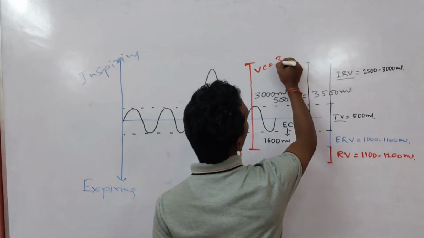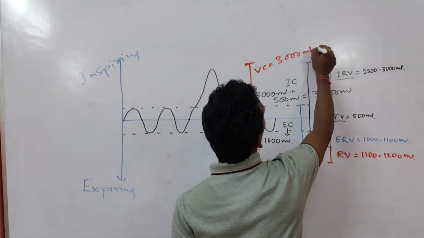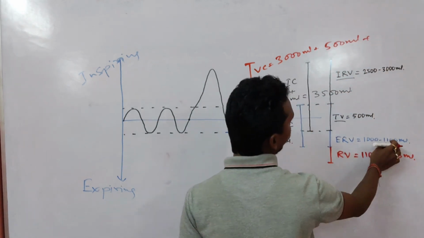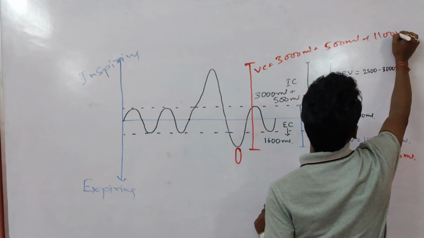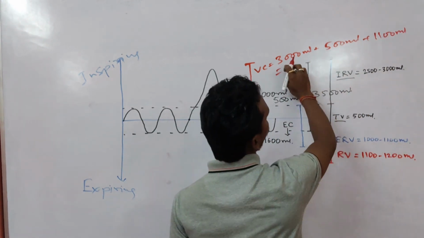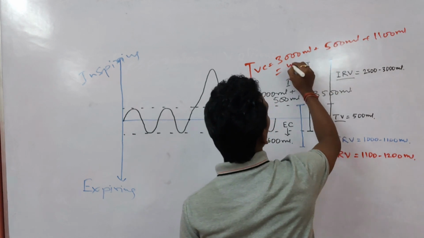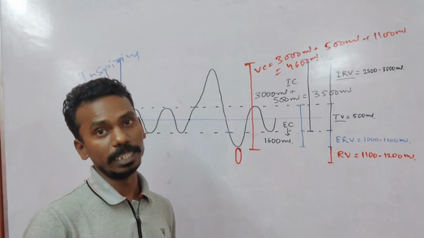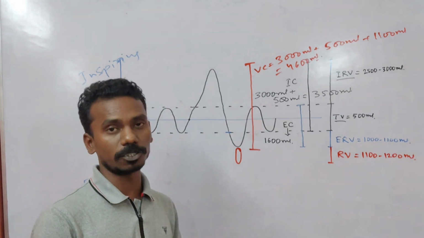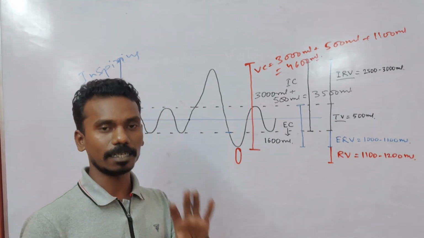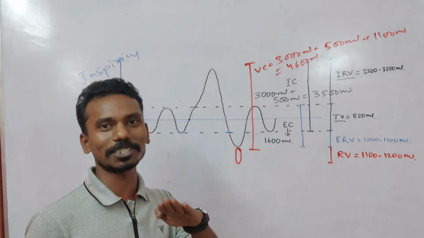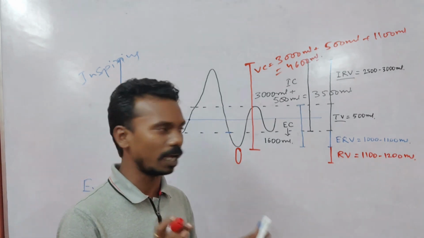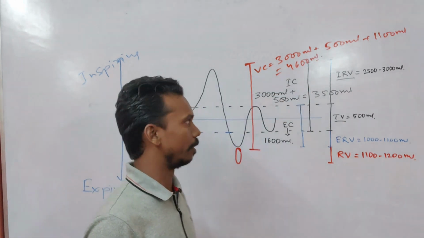It is about 3000 ml plus 500 ml plus 1100 ml, so the total is 4600 ml. 4 liter 600 milliliter of air can be taken by your lung after a forceful inspiration and forceful expiration.